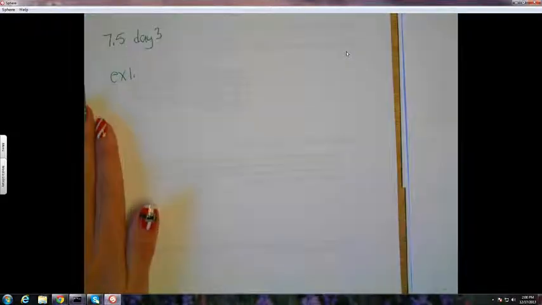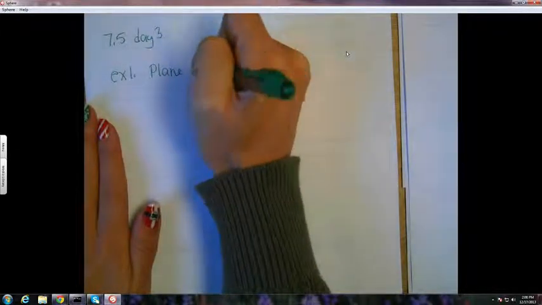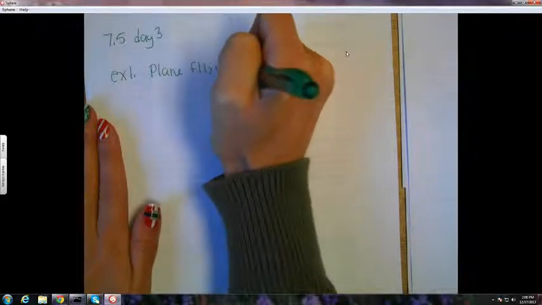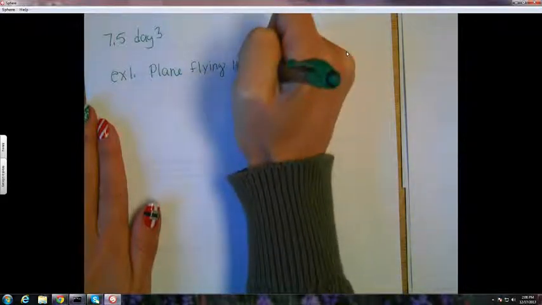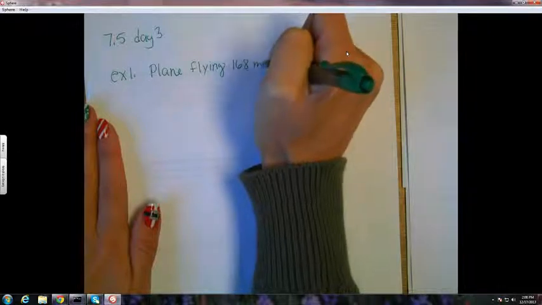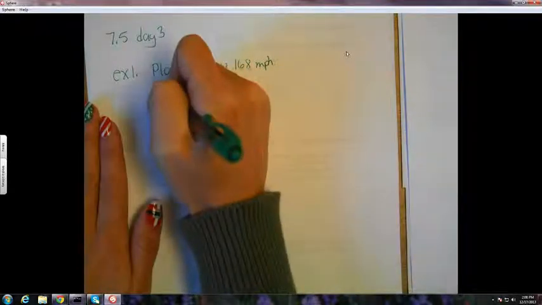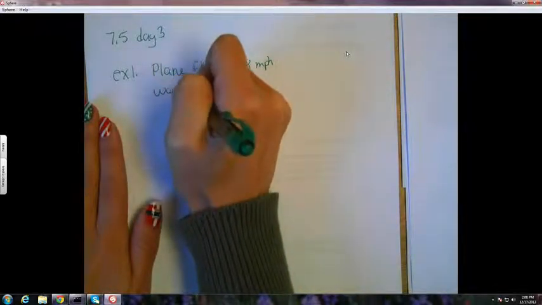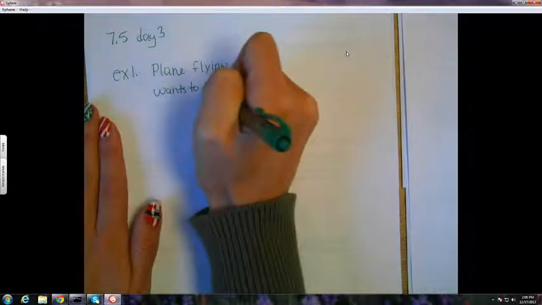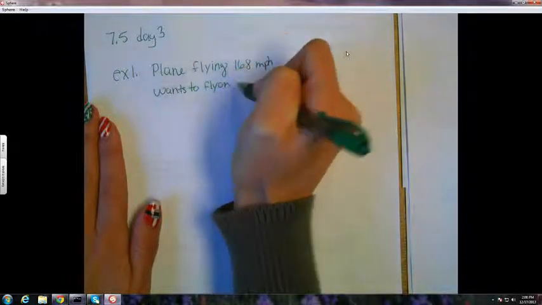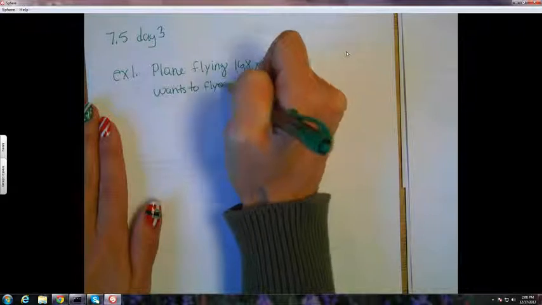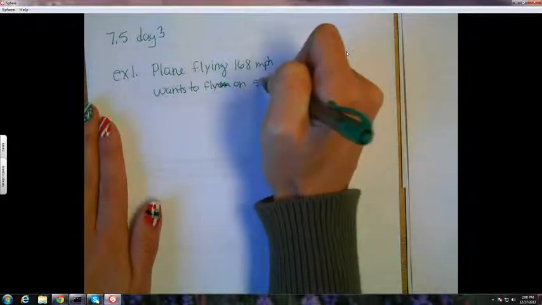One example today. Okay. We've got a plane that's flying 168 miles per hour. But the plane wants to fly on a bearing of 57 degrees, 40 minutes.